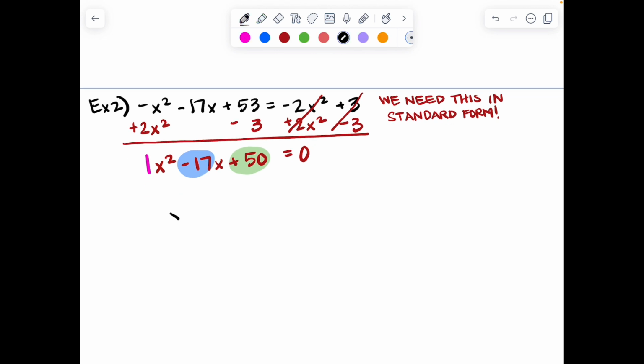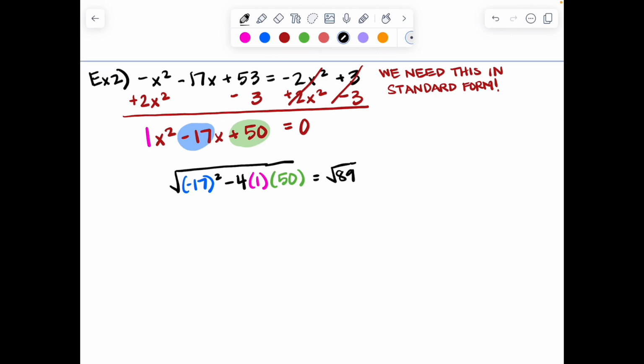Okay, let's solve this part of it. And that's going to be the square root of 89. So your radical answer is going to be the opposite of b.